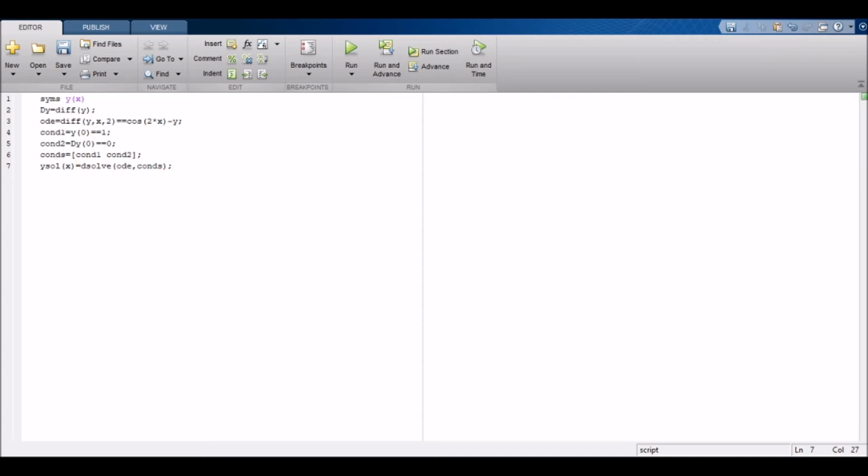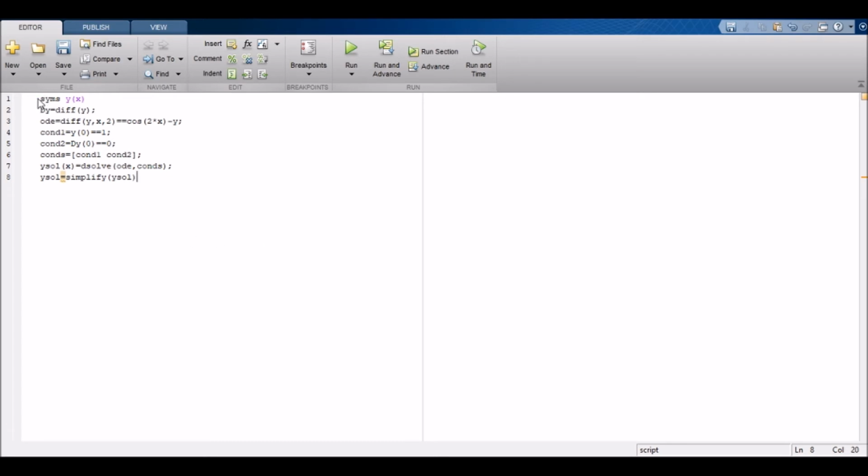After this we get the answer, but if we want the simplified values, then we write one sentence here: y solution equal to simplify y solution. That means we get the simplified value. Now this is the program for example number 4.